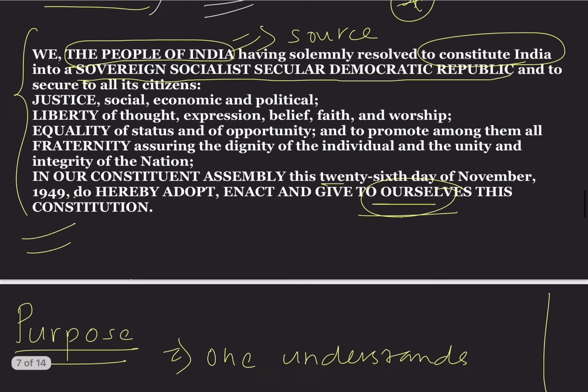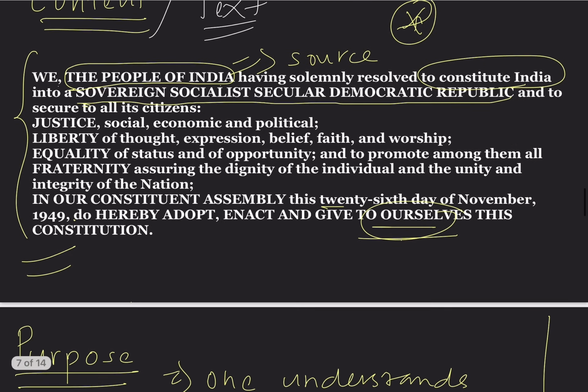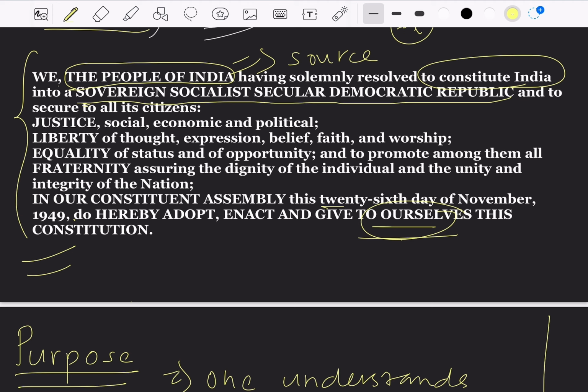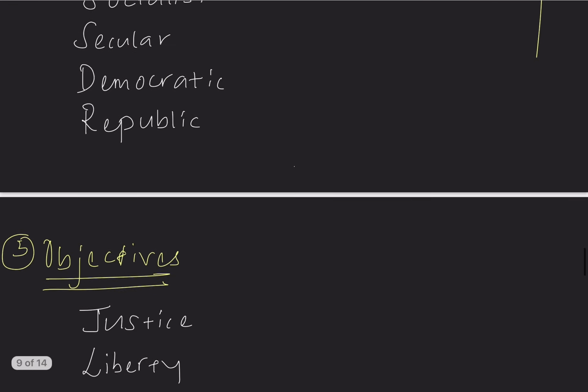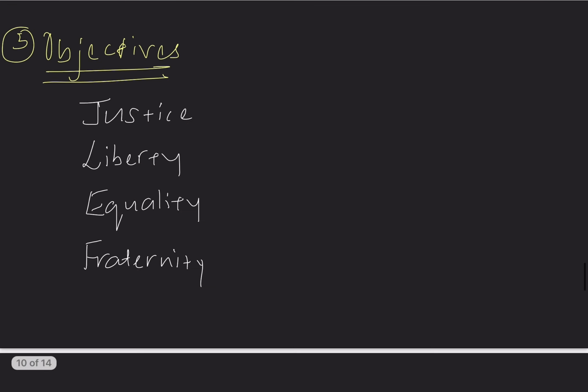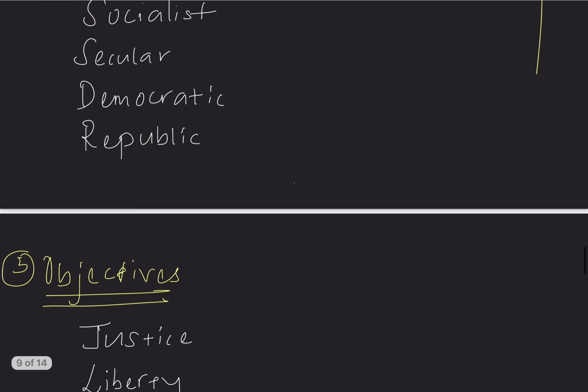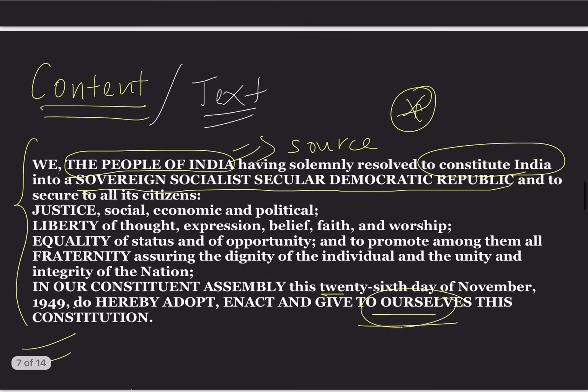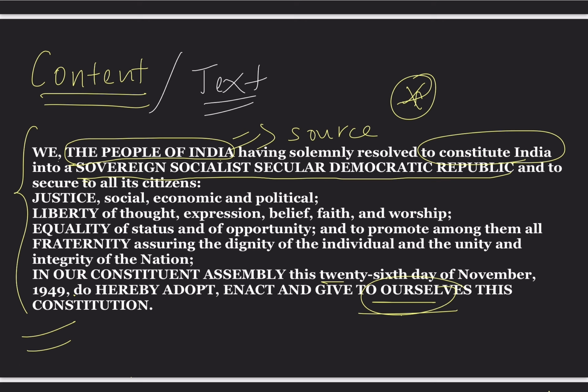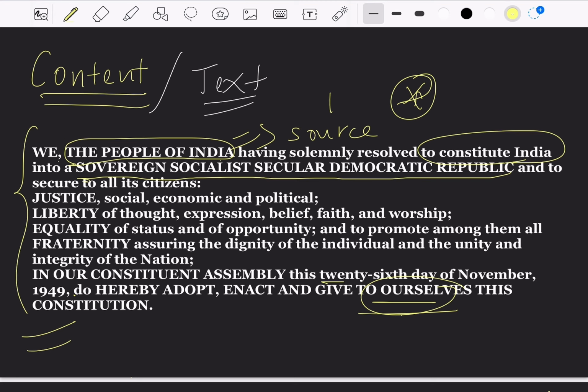As we move on, the next lines tell justice, liberty, equality, fraternity. So all these are the objectives that the Indian state aspires to achieve. So the next line tells about the objectives of Indian state. So just by seeing the text or the content of preamble, the first thing that we understand is the source of power of constitution, that is the people.